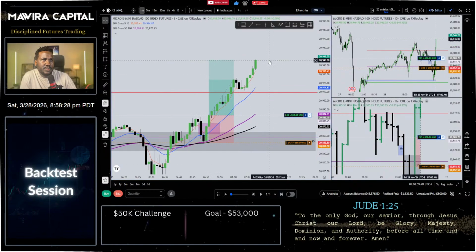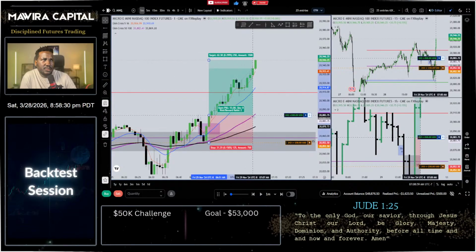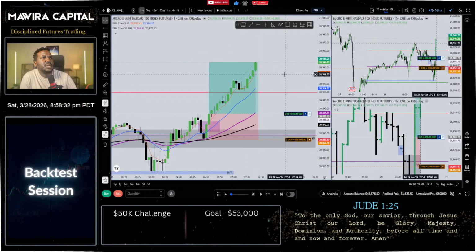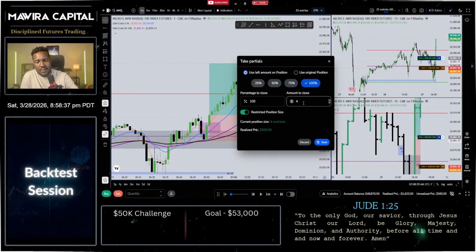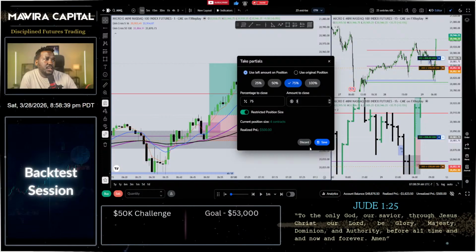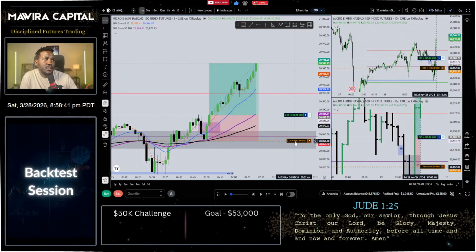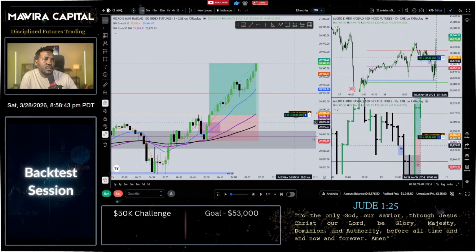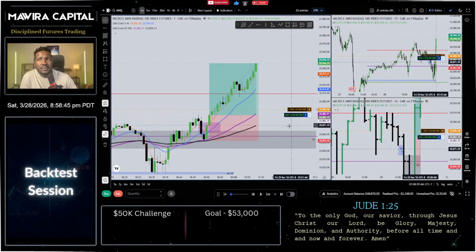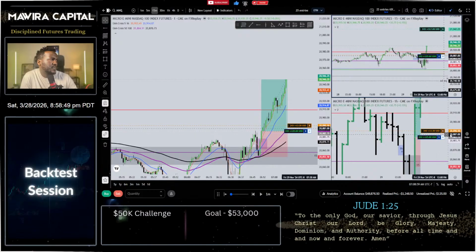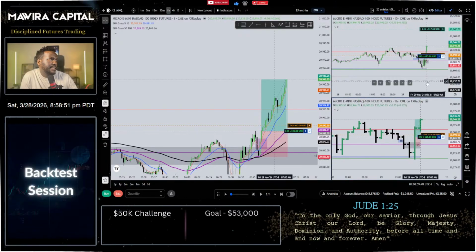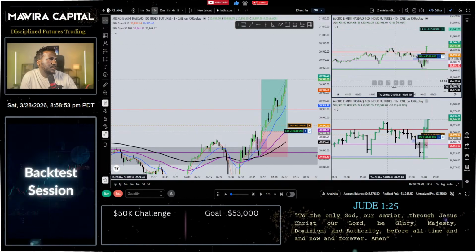Okay, we did get to the 2R. So what we do here is we close 3, break even, and then let the other one fly, whatever it wants, keep going up. So looking at the daily, let's switch to the daily a little bit.